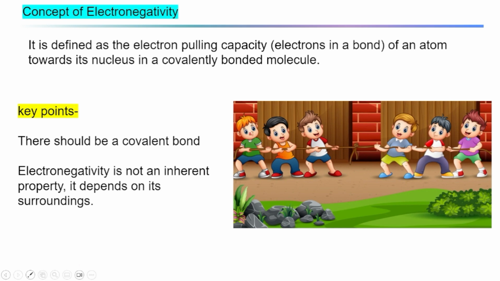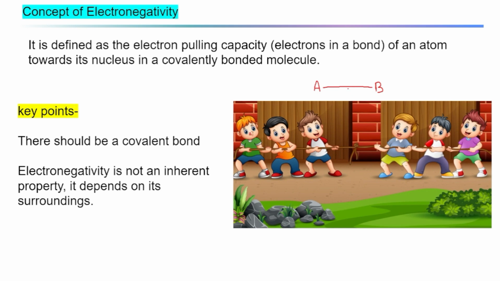I will take a pen. See, assume this team is team A, and this team is team B. Now in between we have a rope. Just call it a bond.